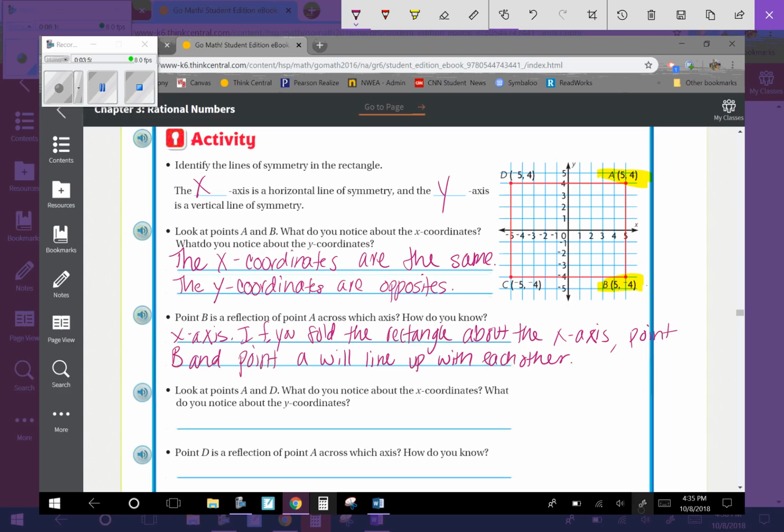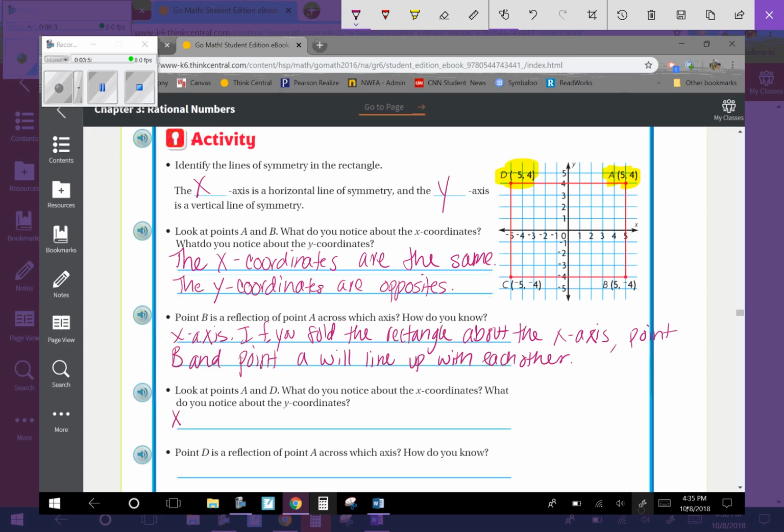So looking down at points A and D, what do you notice about the x-coordinates? So if we look at point A and point D now, okay, what do we notice about the x and the y coordinates? So the x-coordinates are 5 and -5.